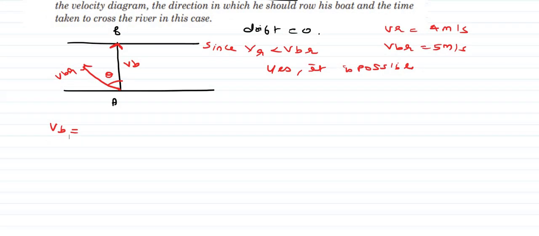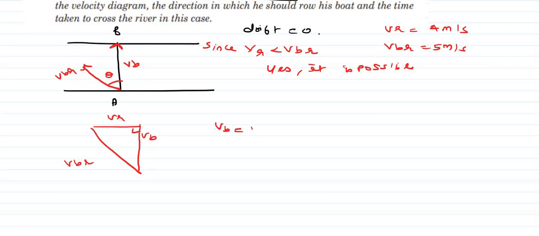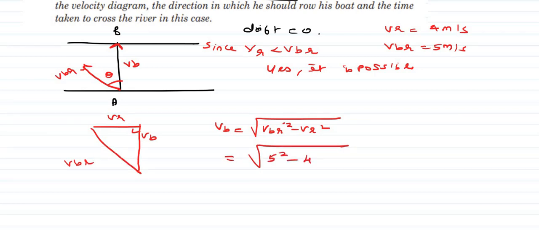Pythagoras theorem only. Since this is a right angle triangle, if you connect it, VB is this way. This is VBR. This one is VR. This is VB. So now VB is under root VBR square minus VR square. Correct? So 5 square minus 4 square, which is nothing but 3 meter per second. So VB is 3 meter per second.